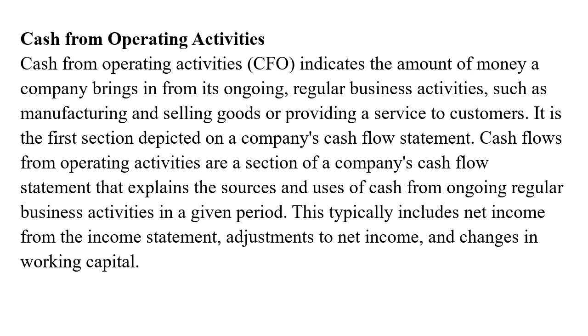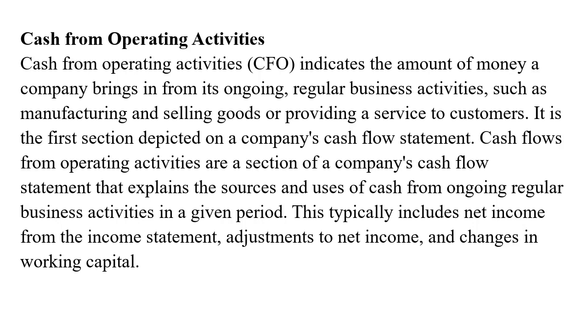Cash from operating activities. Cash from operating activities indicates the amount of money a company brings in from its ongoing regular business activities such as manufacturing and selling goods or providing a service to customers.